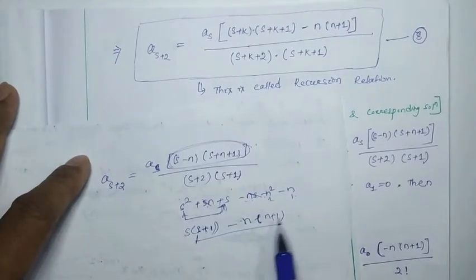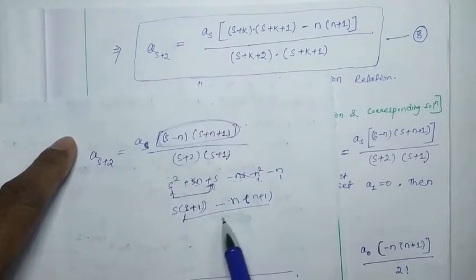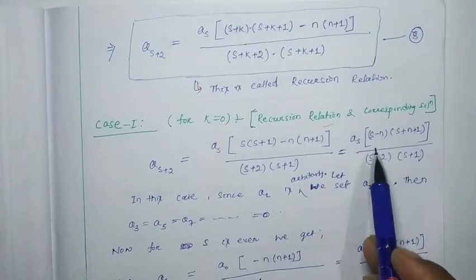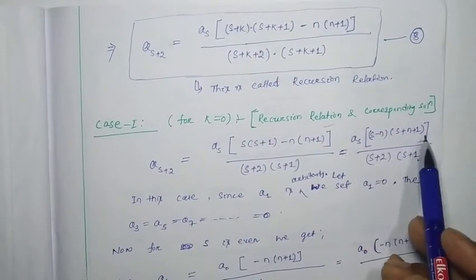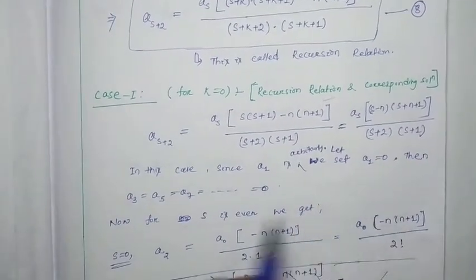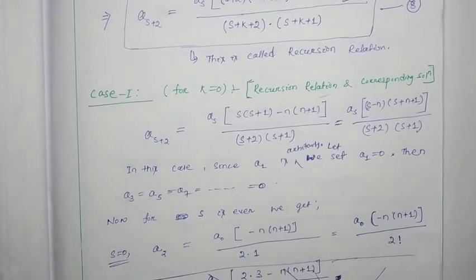So we found the same, s into s plus 1 minus n into n plus 1. We have arranged it this way for our requirement of finding a2, a4 and so on.